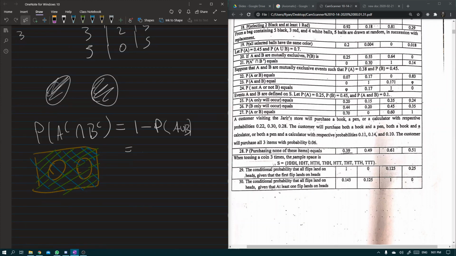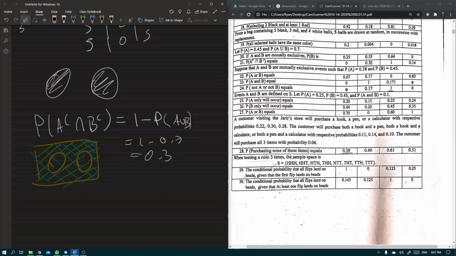So it should be 0.3. My bad. So 1 minus 0.7. They gave us 0.7, so 0.3. The one above it, you just did 0.7 minus 0.45 because we know they don't have an intersection.